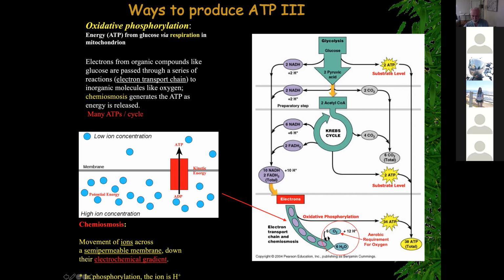They have to go somewhere, but there's nowhere to go. So it stops. So under anaerobic conditions, if we run out of oxygen, the buck stops here. The electron transport chain stops. And if that stops, the Krebs cycle stops, and everything backs up all the way back to pyruvate.